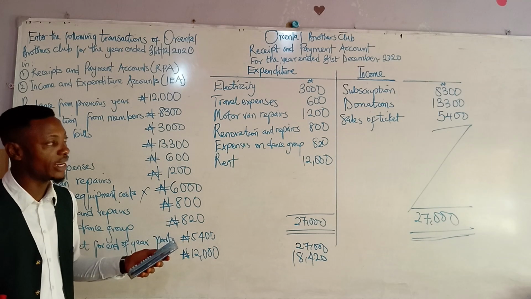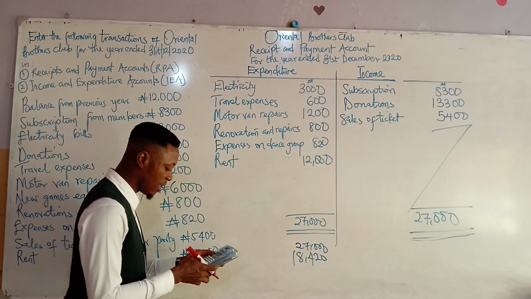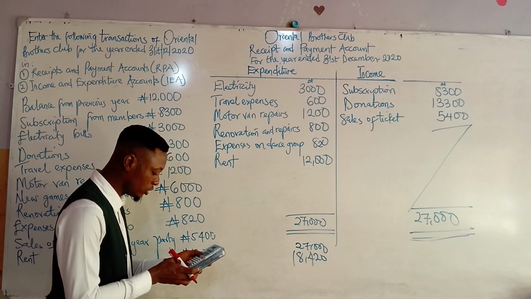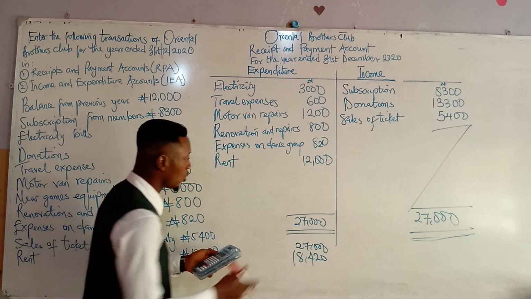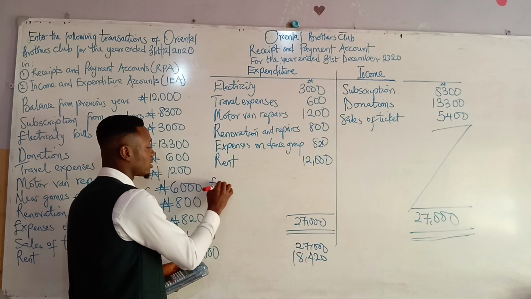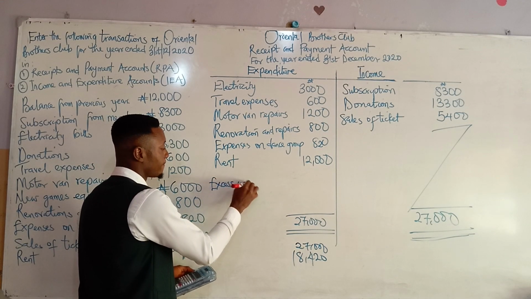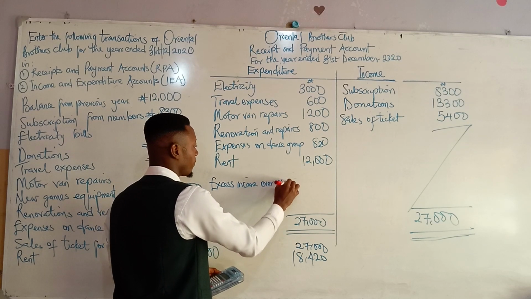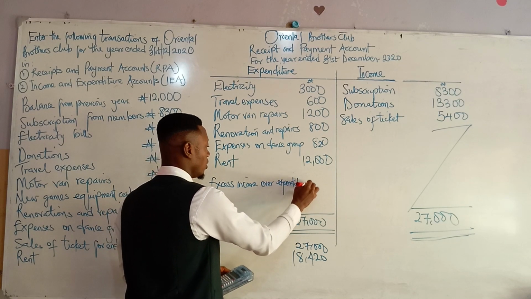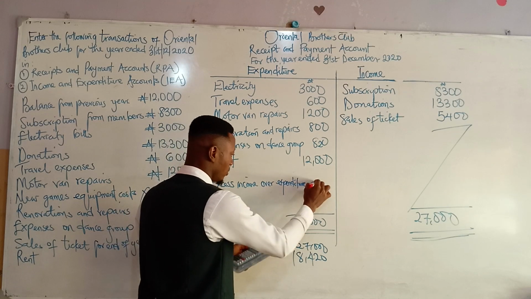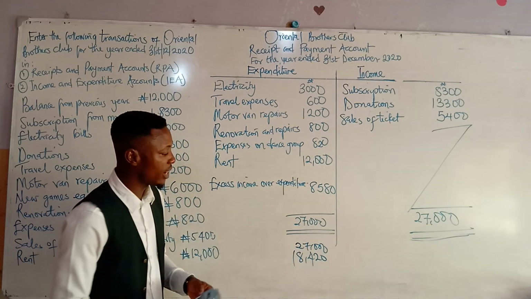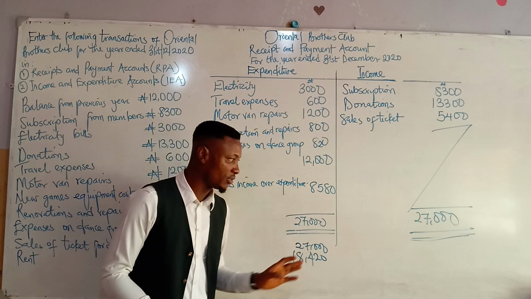So I have 27,000 minus 18,420. So the excess income over expenditure is 8,580. So when we sum all of this together, they give us our actual 27,000.